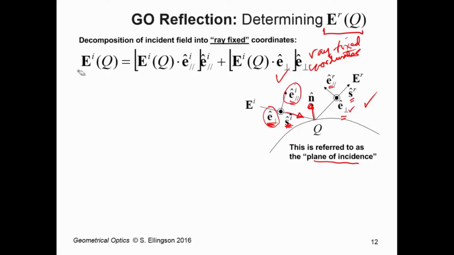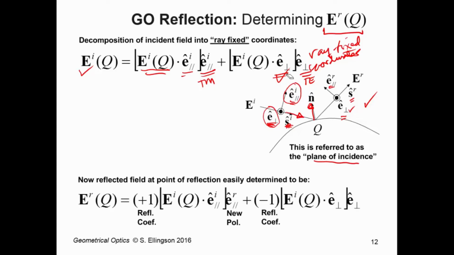So, for example, here I am taking the incident electric field and decomposing it into these two components, this being transverse magnetic, this being transverse electric. Those are the two components, and they're easy to find because I just take the incident field and take the dot product with the associated unit vectors. Very straightforward procedure. Now the reflected field is simply those same components.